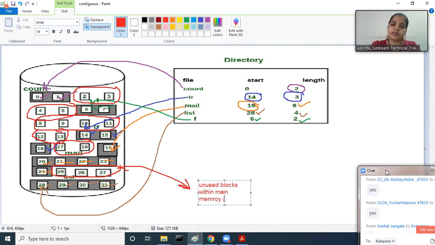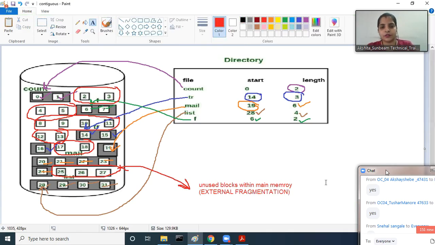So can you please tell me which problem is this? Which problem is this? Is it nothing but external fragmentation?